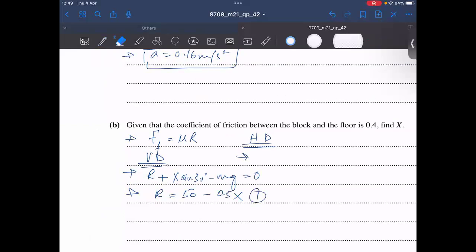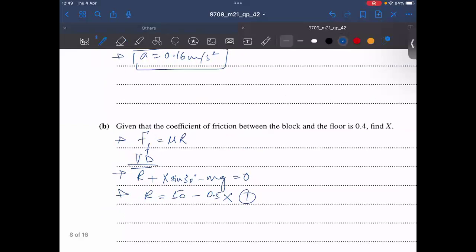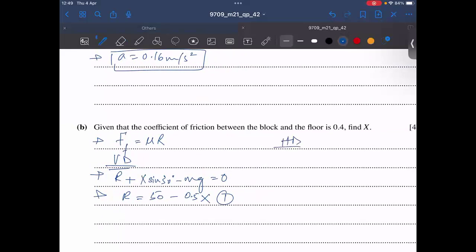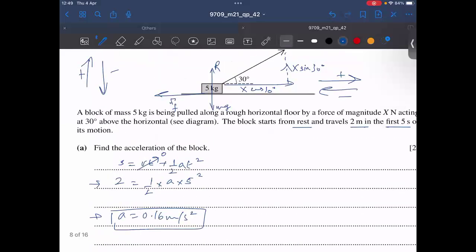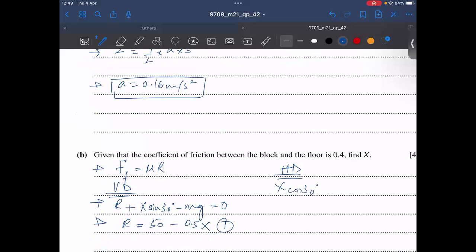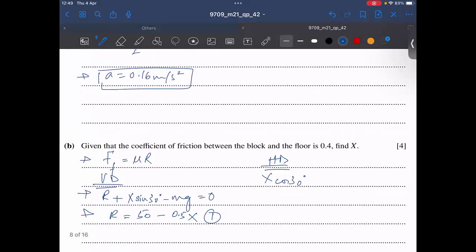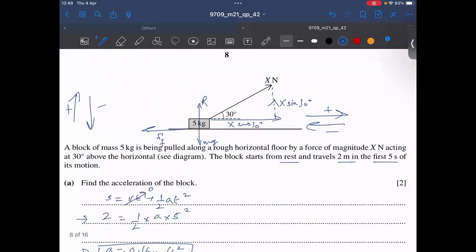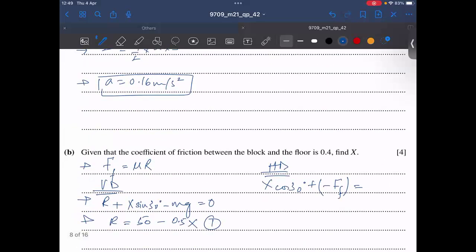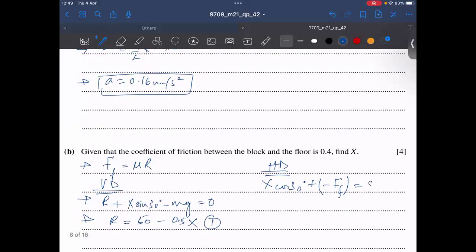Now in the horizontal direction, what forces do I have? X cos 30 towards right, positive, and the force of friction. That's force of friction, equals to mass times acceleration, which is 5 times 0.16.